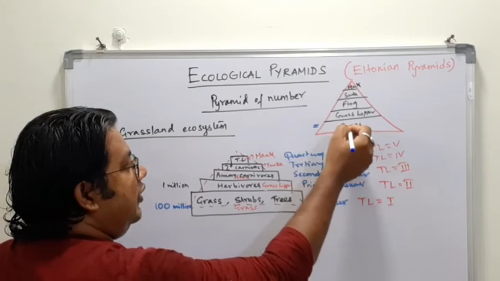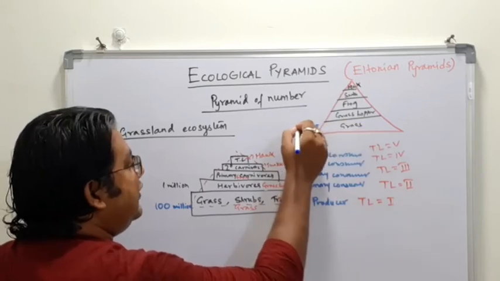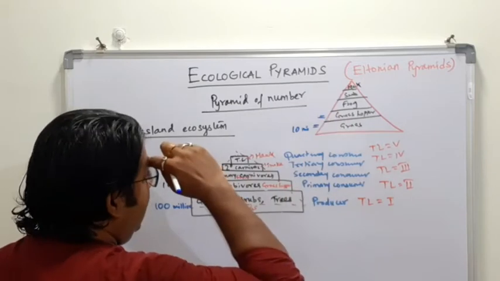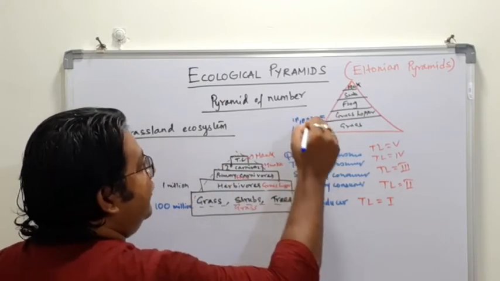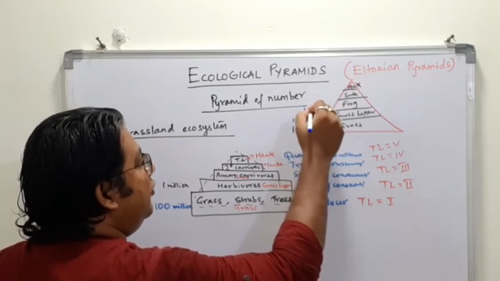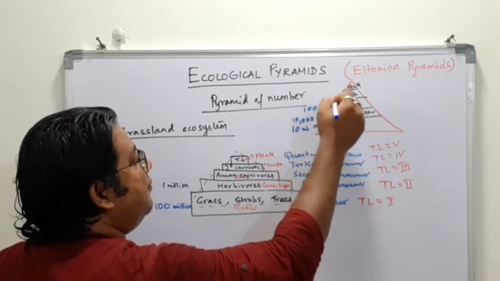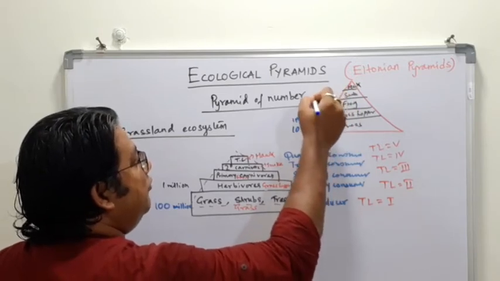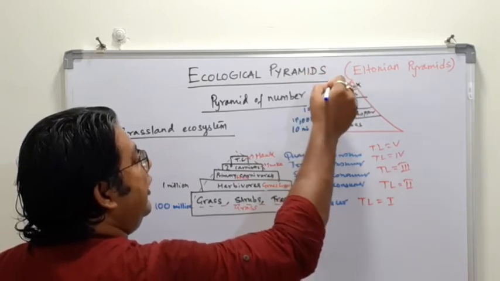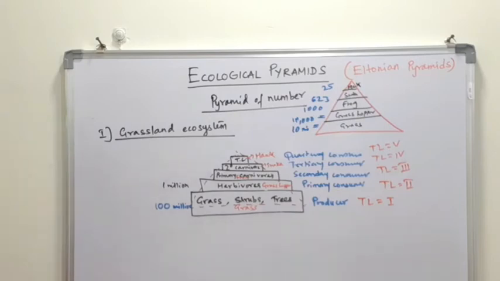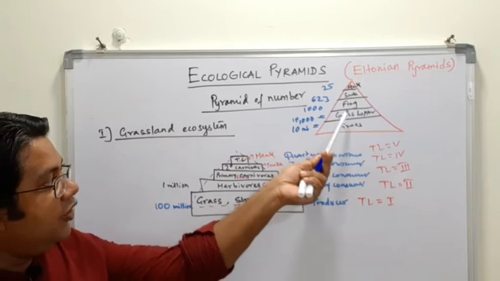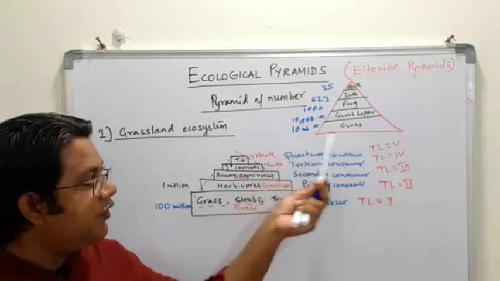Let us say there are 10 million grasses. Grasshoppers, let us say there were 10,000. Frogs, for example, some 1,000 frogs. Snakes, as compared to this, suppose 623 snakes. Hawks, let us say only 25 hawks. So you can see the number of members at different trophic levels goes on decreasing, and the shape of the pyramid is like this.